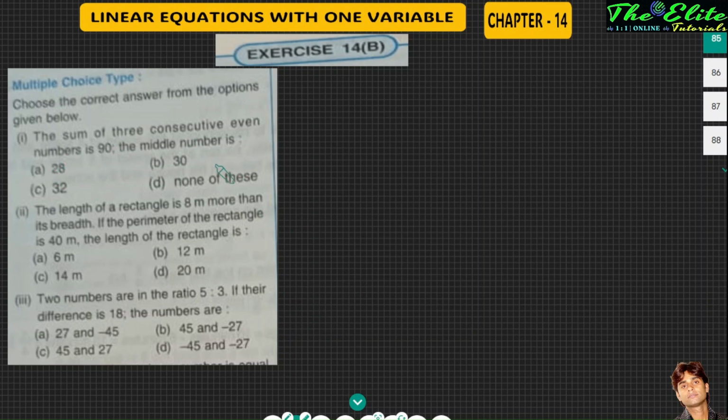The sum of three consecutive even numbers is 90. The middle number is? In this kind of question, we will always assume the three consecutive even numbers like this: one will be x, another x plus 2, the next x plus 4.